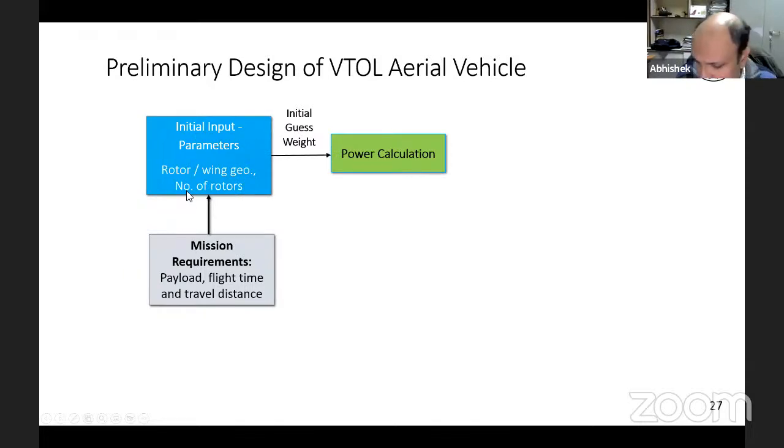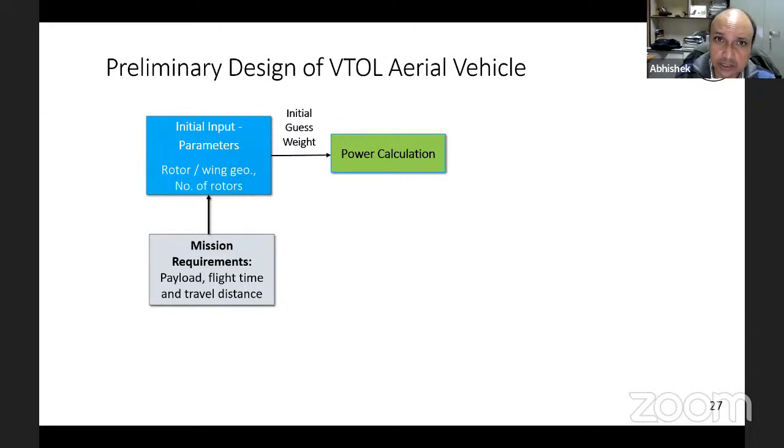With this initial geometric information and other parameters, you start by guessing the weight of the vehicle. How do you guess the weight? You have to see what the typical payload fraction is currently for VTOL vehicles, and it is not very promising.